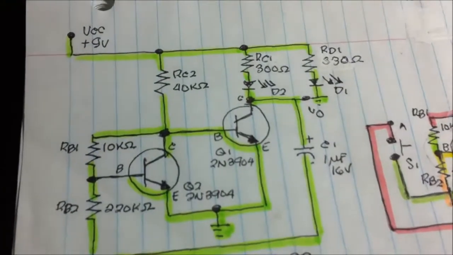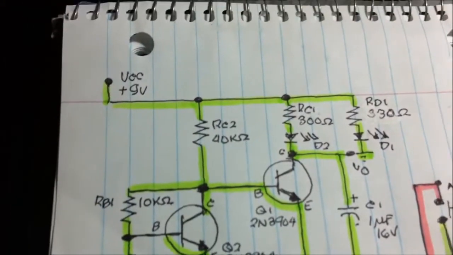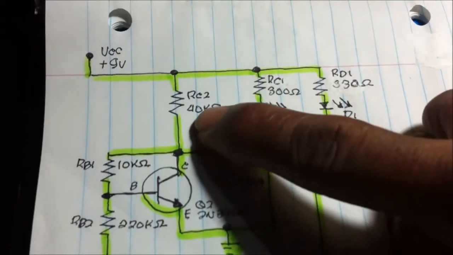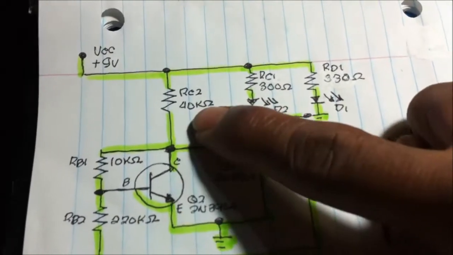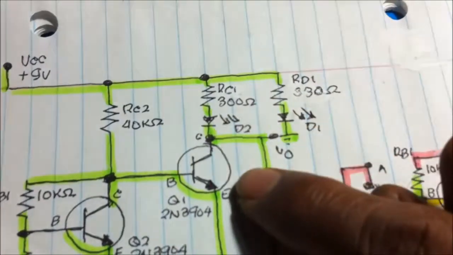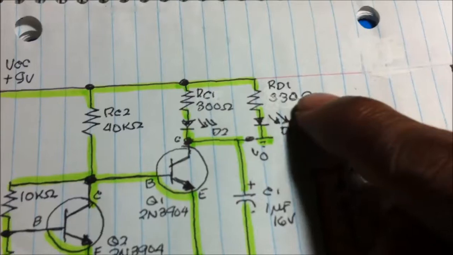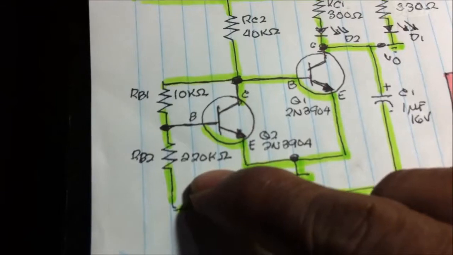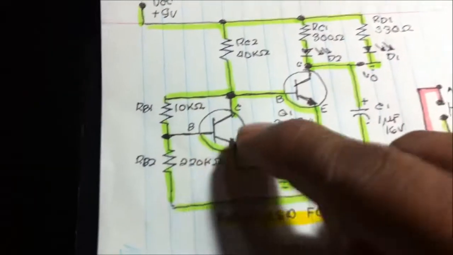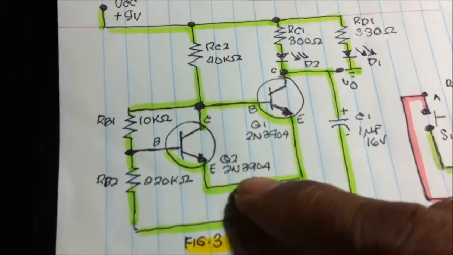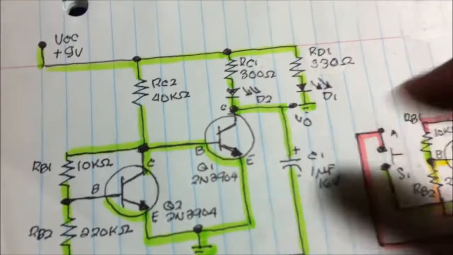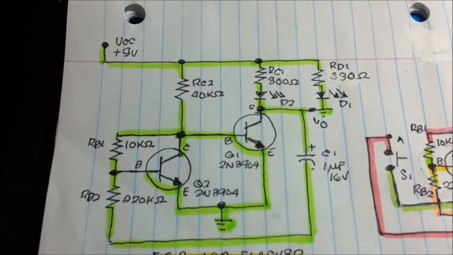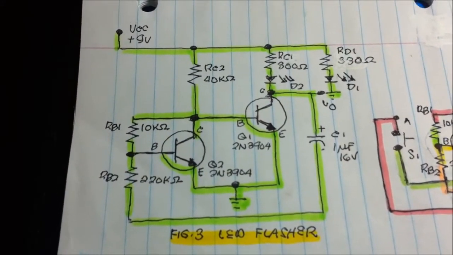So with the help of this circuit, now we have all the values: RC2 40 kilo ohms, RC1 300, the output LED, power on LED, resistors 220 kilo ohms, 10 kilo ohms, transistor 2, 2N, Q1, 2N 3904. This is now the LED flasher.